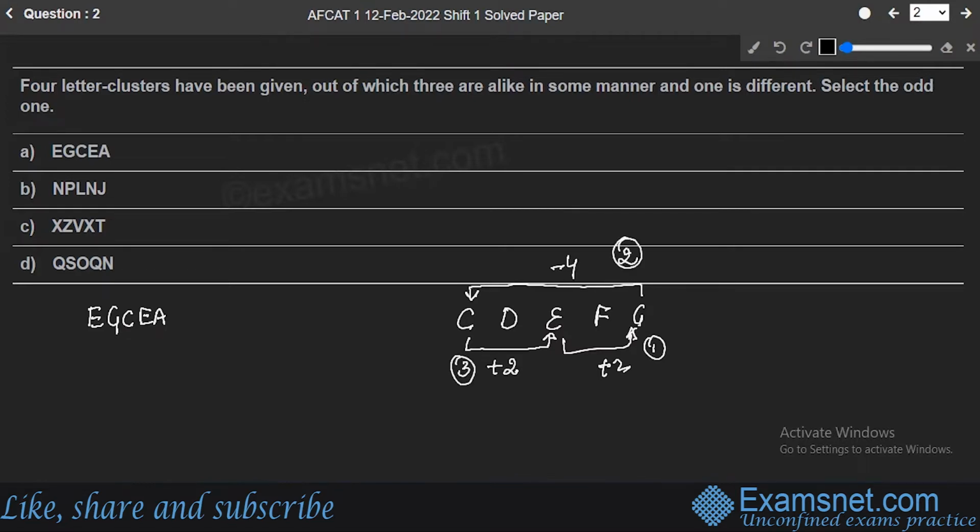Now the fourth one: it is currently at E and it has moved to A, which is -4 steps backward. So the logic followed in the first one is +2, then -4, then +2, then -4. We have to check whether the same logic is followed in the other cases also or not.